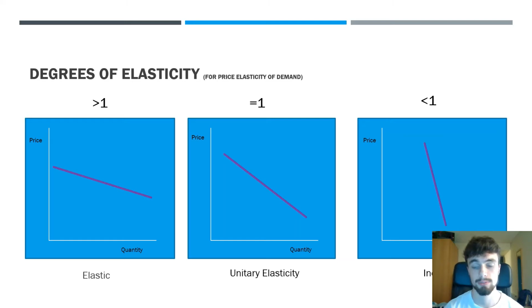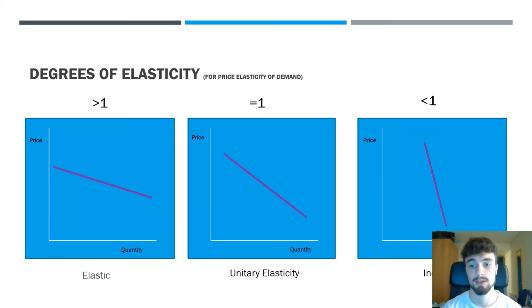In the middle, if elasticity is 1, then a percentage change in price of a good will result in an equal percentage change in the quantity demanded. So if the price of the good increases by 10%, the quantity demanded will decrease by 10%.